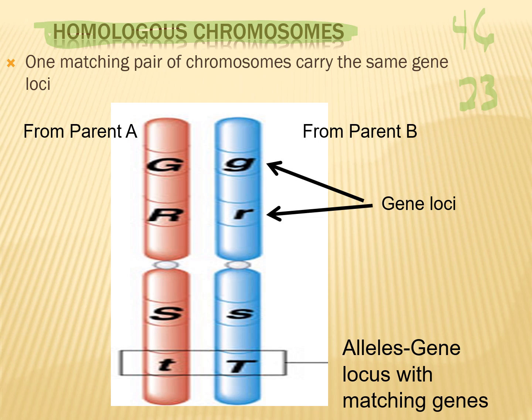So the homologous chromosomes have the same genes for the same traits, but they could have different versions of those genes. So this is, say, the chromosome that you got from one parent, and this is the chromosome you got from the other parent.